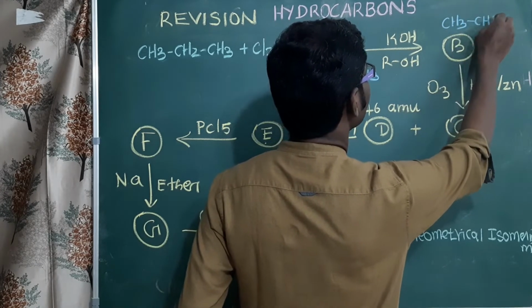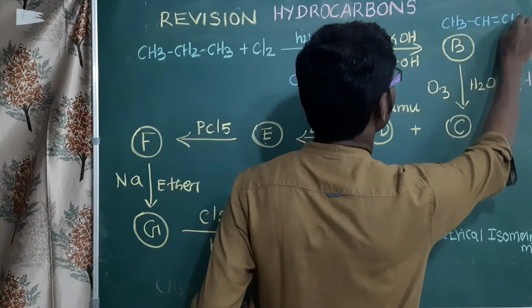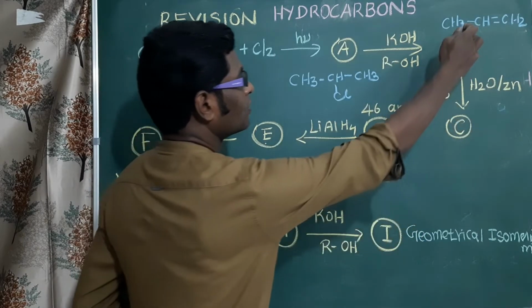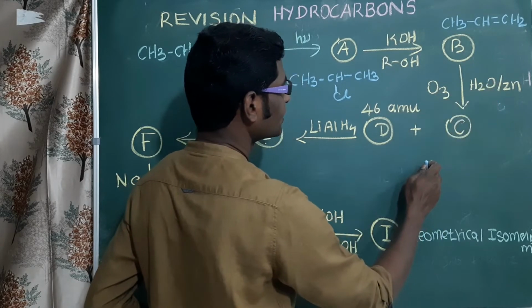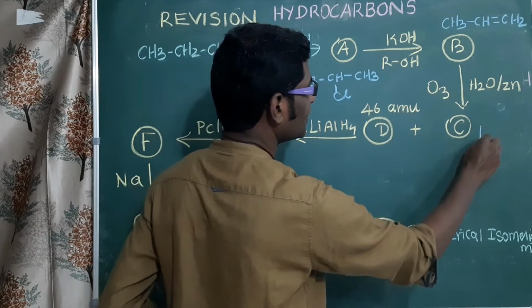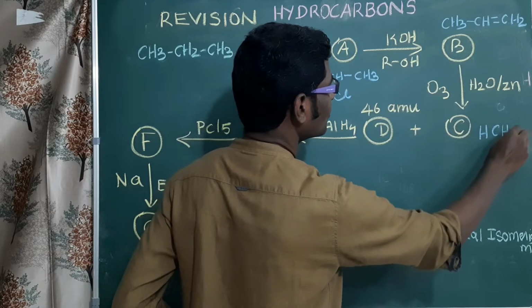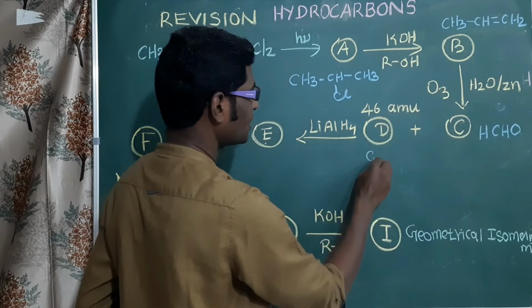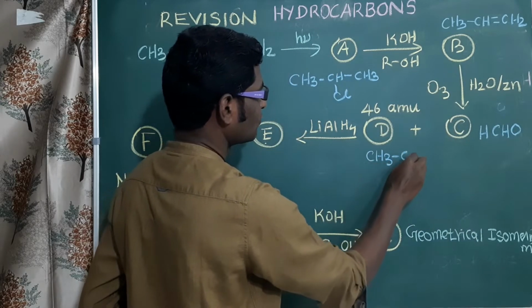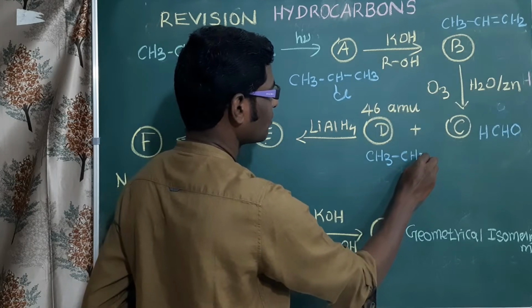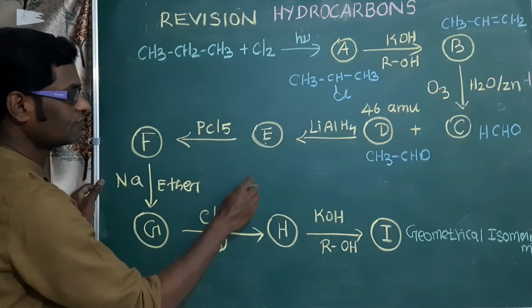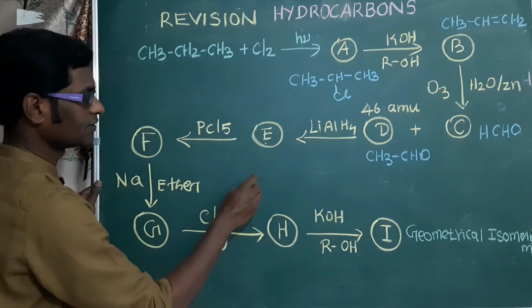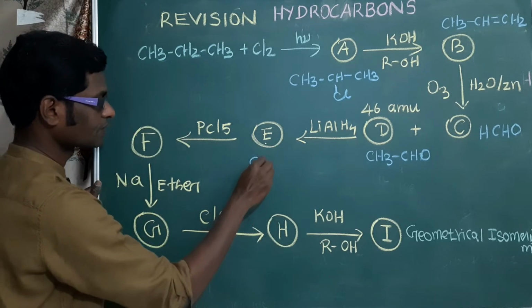Name of the elimination, beta elimination. When propene is treated with a mixture of ozone, water and zinc, we will get methanal, HCHO, and ethanal, molecular mass 46 atomic mass unit.